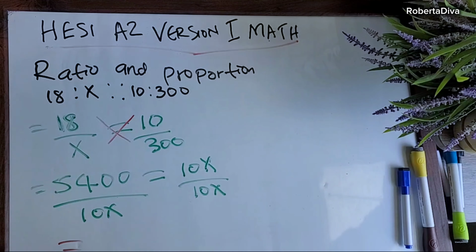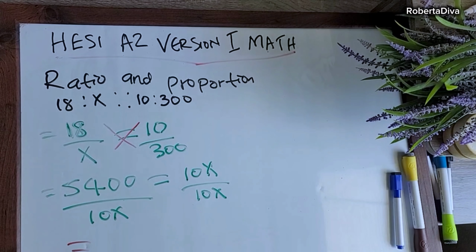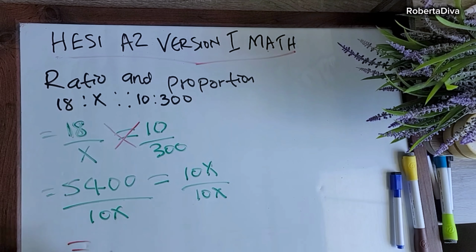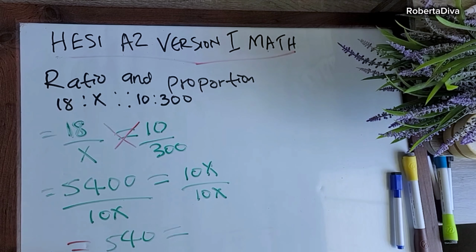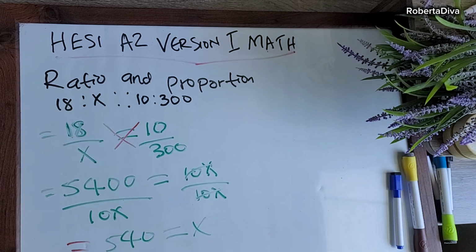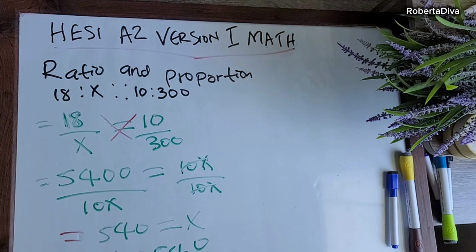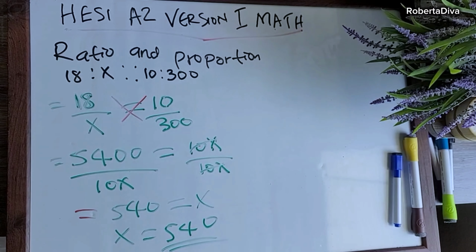And 10x over 10x is nothing, it's like 1. So x will give you 540. That is the answer. This is how you get the answer, guys. I hope you understand.